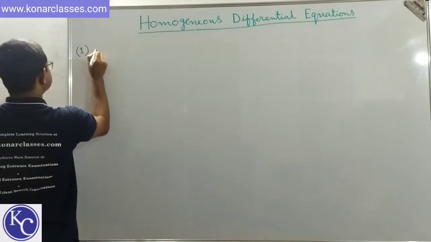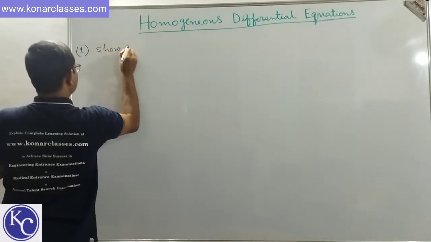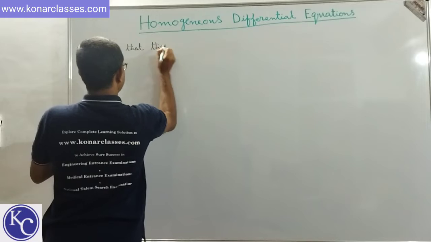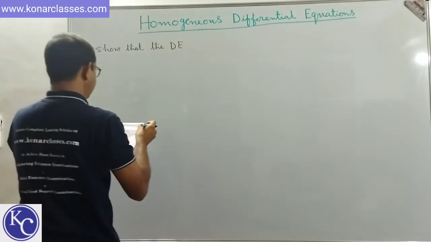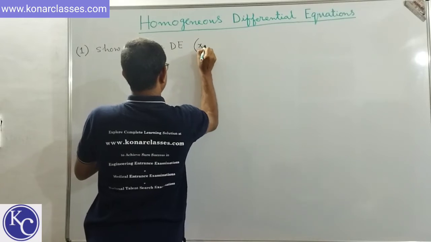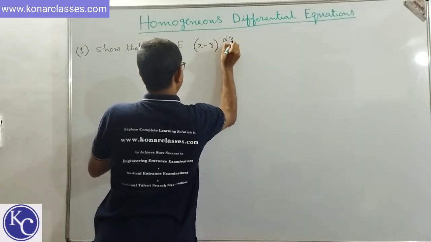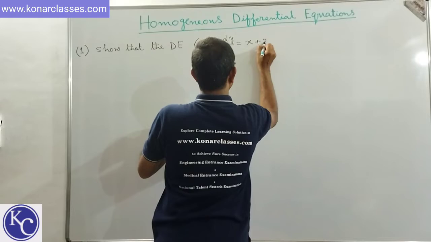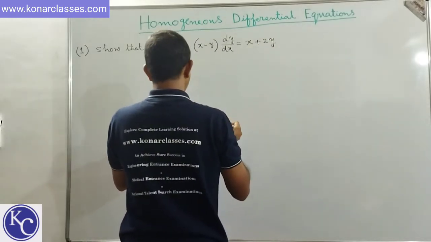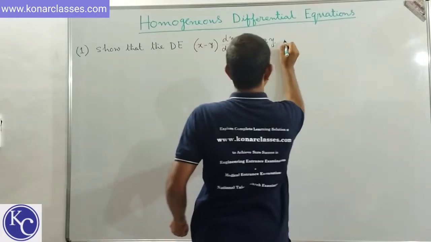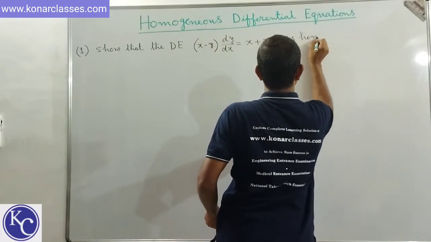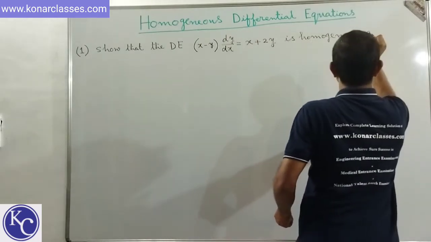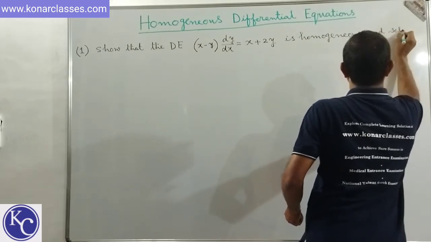Show that the differential equation (x minus y) dy/dx is equal to x plus 2y is homogeneous and solve it.